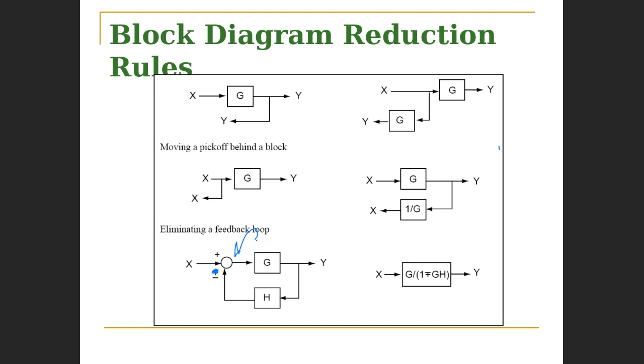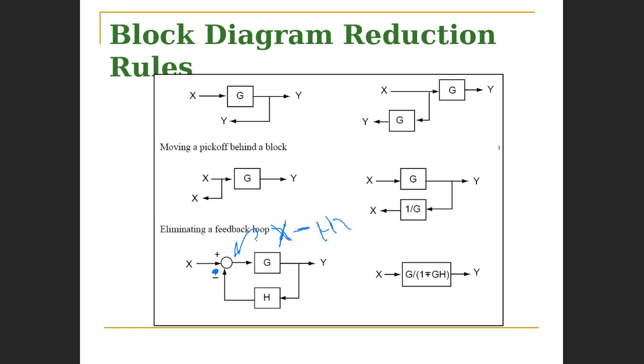So now what would be the signal entering G based on what we have here? The X minus H. Not just X minus H, you have to be careful. X minus, remember H is not a signal now. It's the feedback from H, which is X minus H times Y. Good.